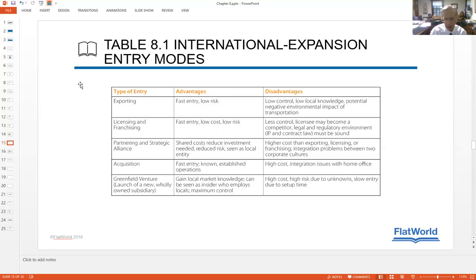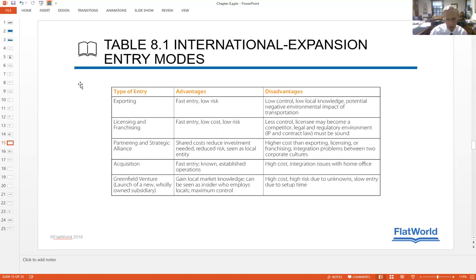You can read them better in your book than you can on these slides. But this slide simply summarizes the modes or the methods of moving outside your home country and doing business.